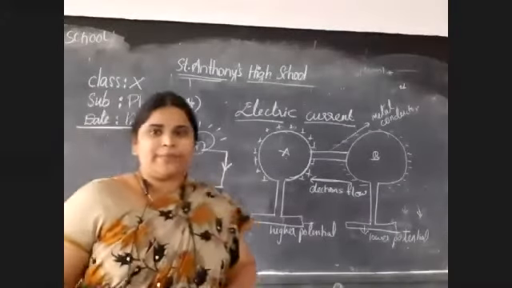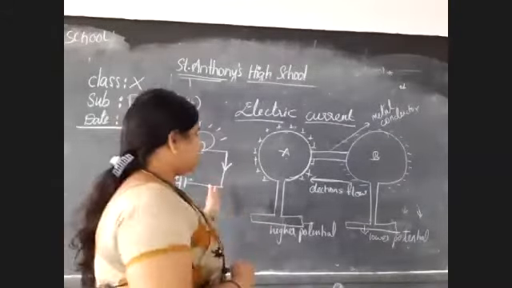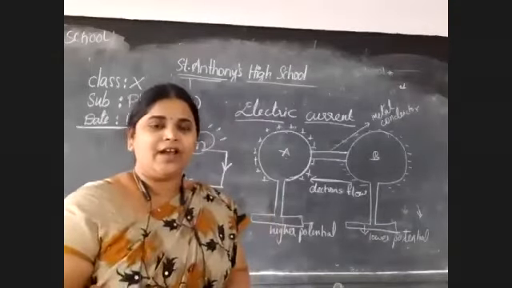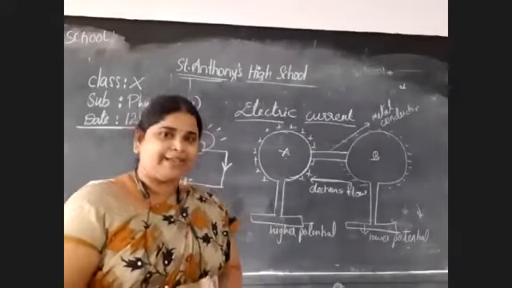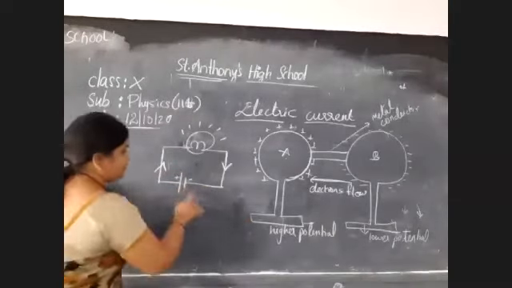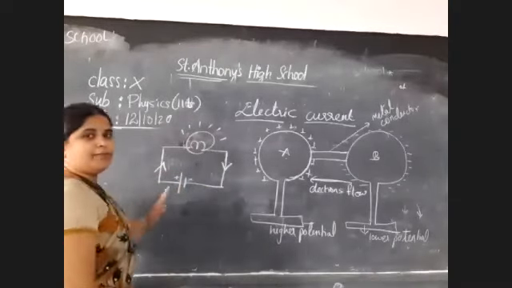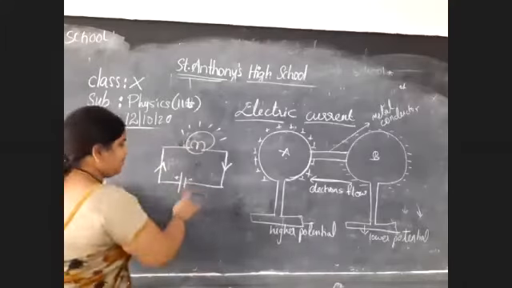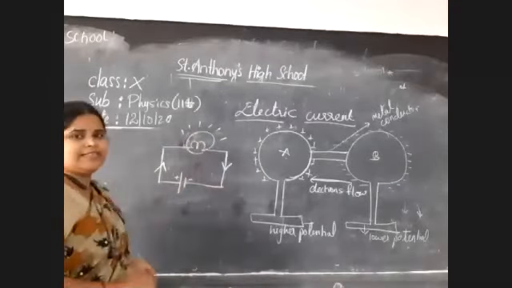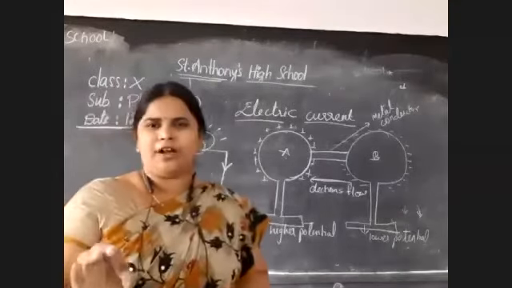But actually, in the conductor, in reality, practically, what is happening? The flow of charges is from negative to positive, not from positive to negative. See, there is a simple and small logic.